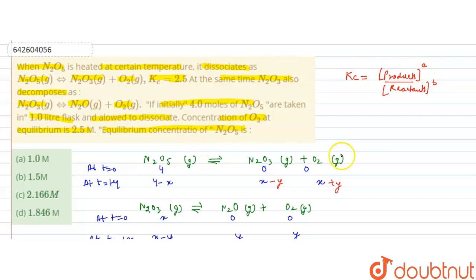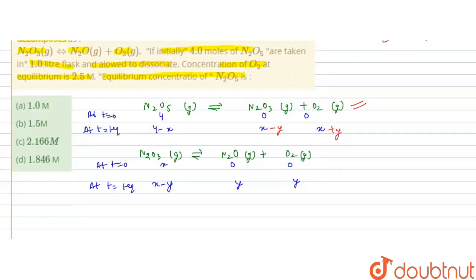For this reaction the products are N2O3 and oxygen and the reactant is N2O5, so Kc would be the concentration of N2O3 and the concentration of oxygen divided by the concentration of N2O5.